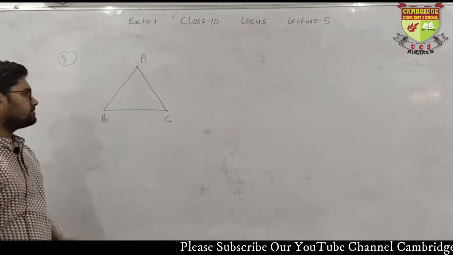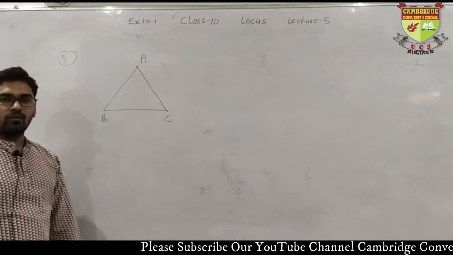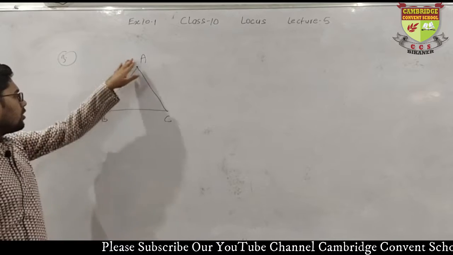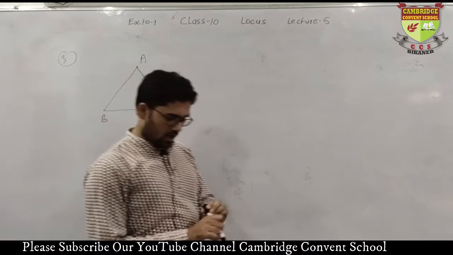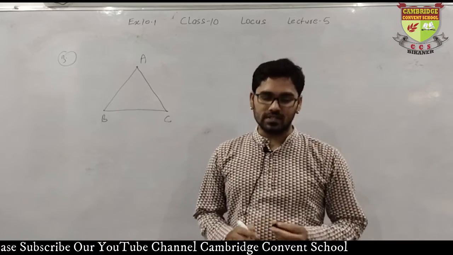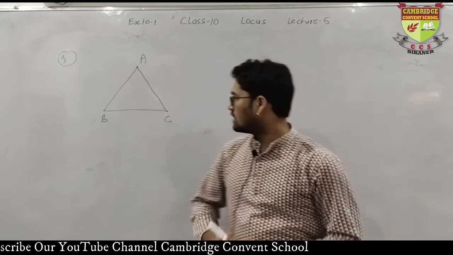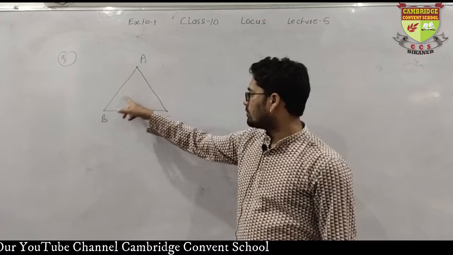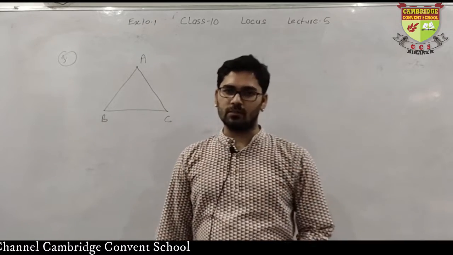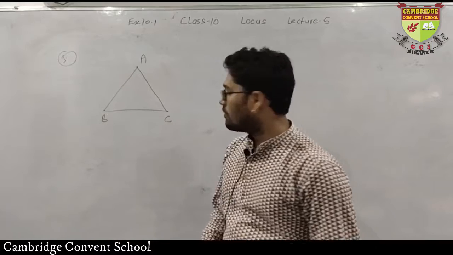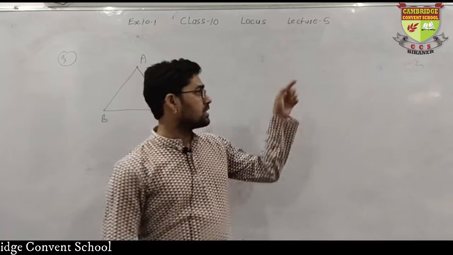Okay, fine. We have to find the locus of these 3 points. That means we have to find a particular point which is at equal distance from A, from B and from C, right? That is what we are supposed to do. So firstly we will write what is given to us.